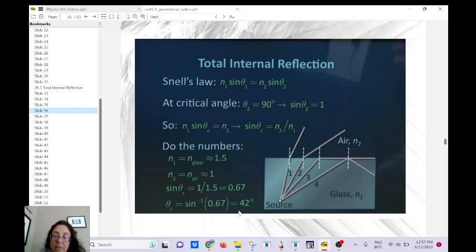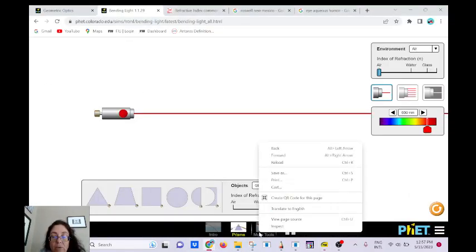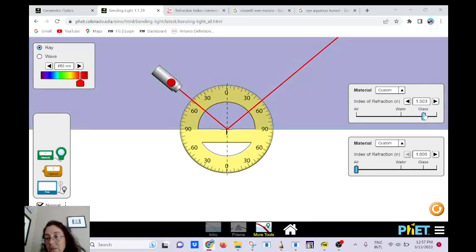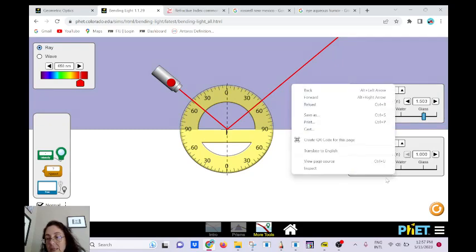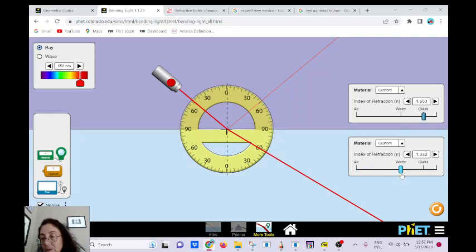42 degrees if you go from glass to air. Of course, it depends. It always works when you go from slow to fast. So I can go instead from glass to water, okay? There is also a critical angle, but it's not going to be like before, right?